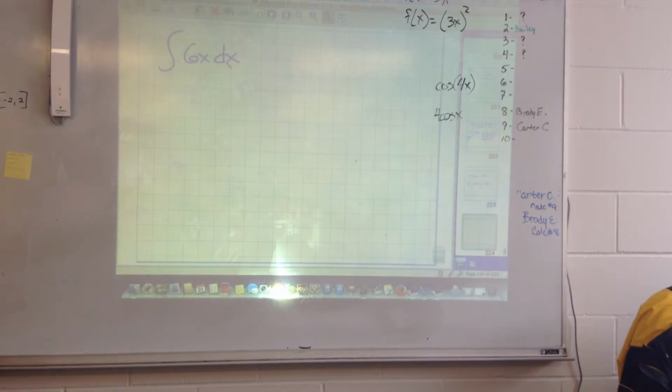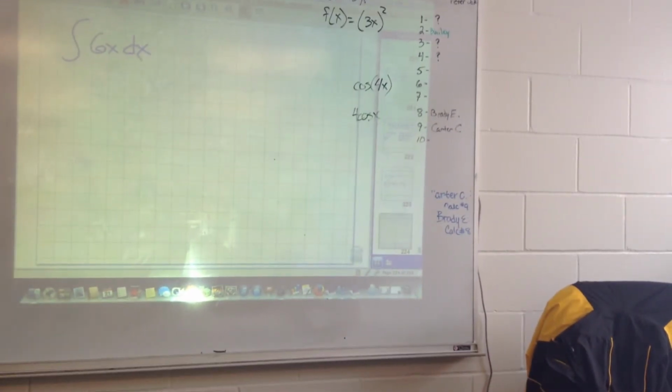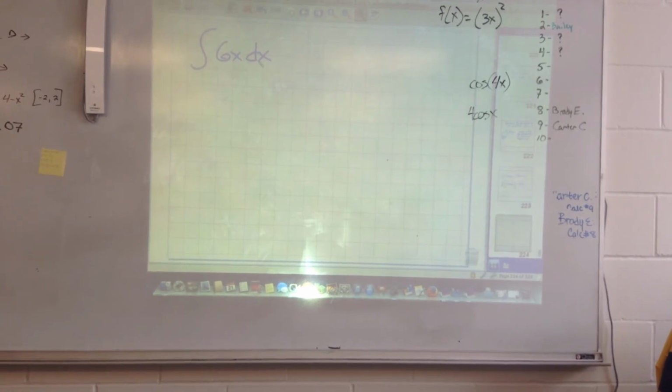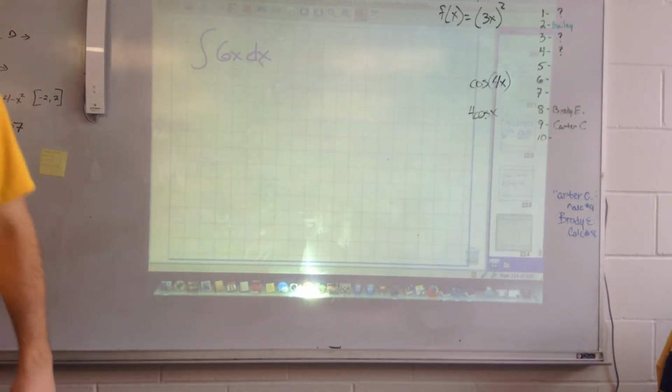Nope, because if I did the derivative of 6x squared, I would get 12x. 3x squared? Plus C. Yep, plus C. Sorry, it's a little crooked. Someone's going to be watching that.